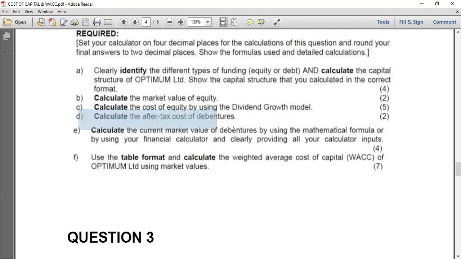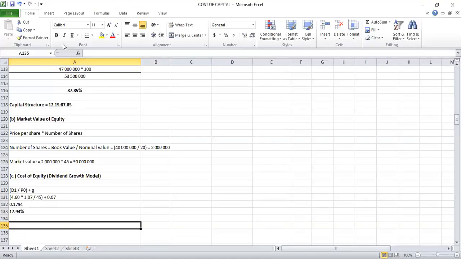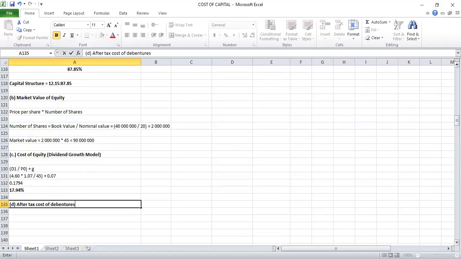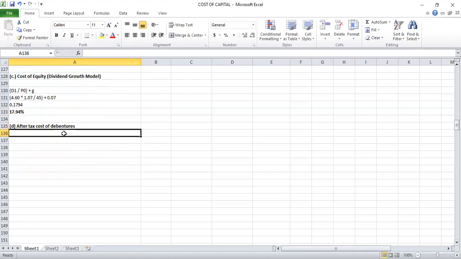Next, calculate the after tax cost of debentures. The after tax cost of debentures is the before tax cost multiplied by 1 minus tax rate.